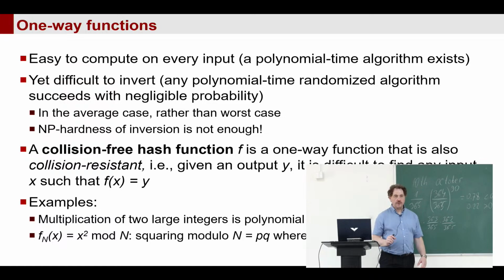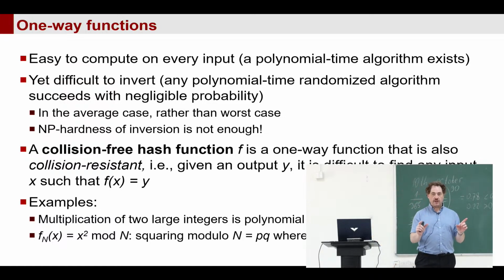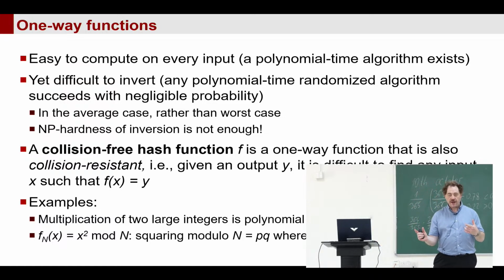However, if we take the product and try to find the two numbers, that's a hard problem. Hard in the sense that there is no polynomial algorithm, polynomial in the number of bits in the product, which would give us the two factors whose product is the given number.